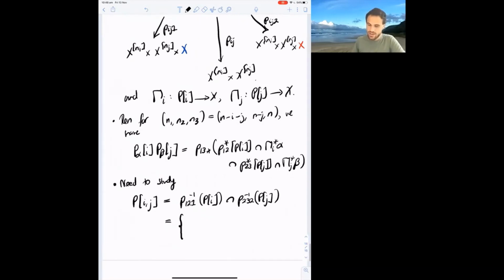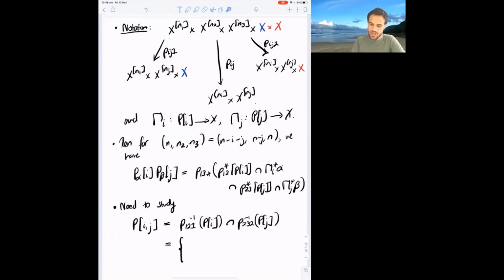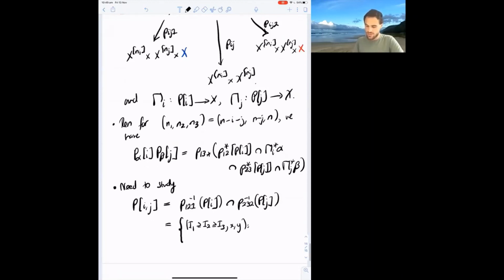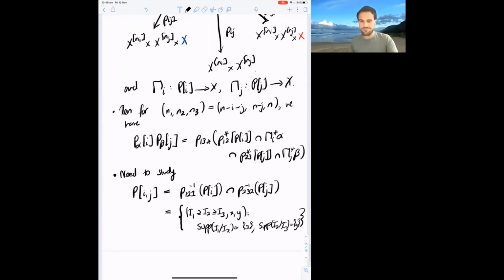You're now looking at three ideals corresponding to each of these 3 points. So you have I1 contains I2 contains I3, and you have 2 copies of X, so that's some points X and Y. And the condition on supports is that the support of I1 mod I2 is meant to be your point X, and then your support of I2 mod I3 is some other point Y. So that's why we have 2 points in the mix.